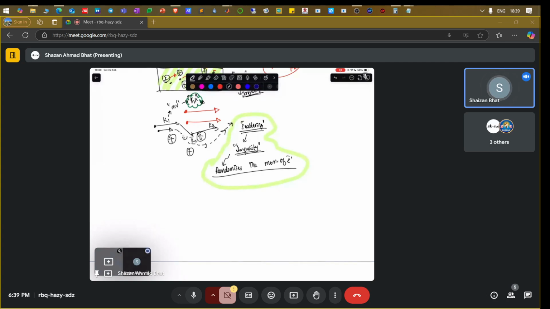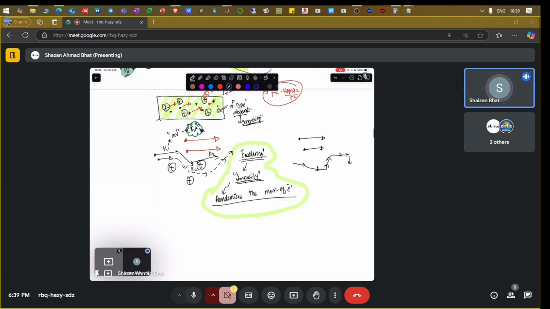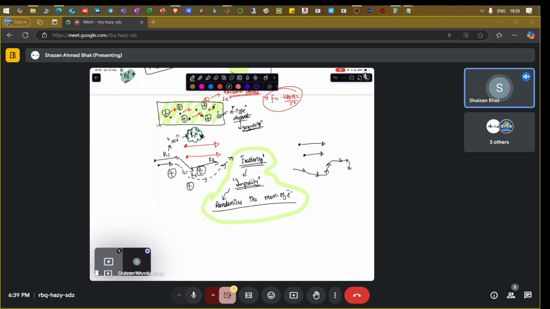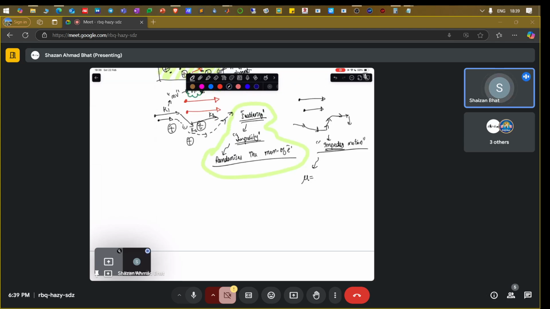Now, what does it mean? What is going to happen? Initially you thought of the electron moving like this. Now it's moving in a randomized fashion throughout the crystal, and it impedes the motion of the electrons. You know that the mobility is related to the electronic charge and the momentum relaxation time divided by the effective mass.